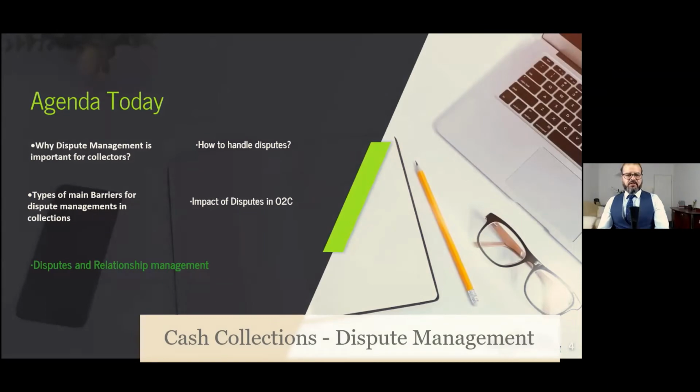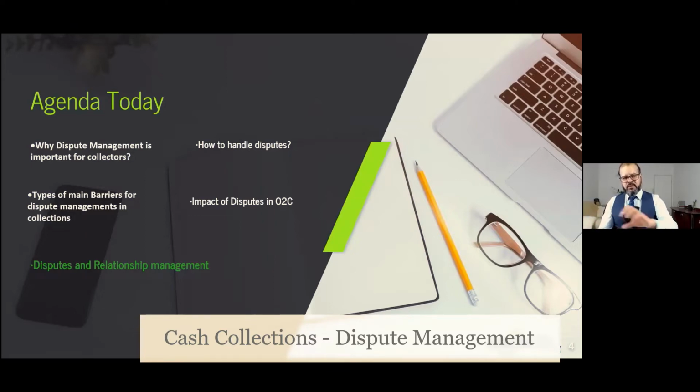Today, we are going to talk about why dispute management is very important for cash collections, our team members. What are the main barriers for dispute management and cash collections? So we'll look into that part, and how to handle disputes. That is also going to be a prime topic for today, how we can resolve the disputes, how we can handle them technically, and the impact of disputes on the total order to cash process.